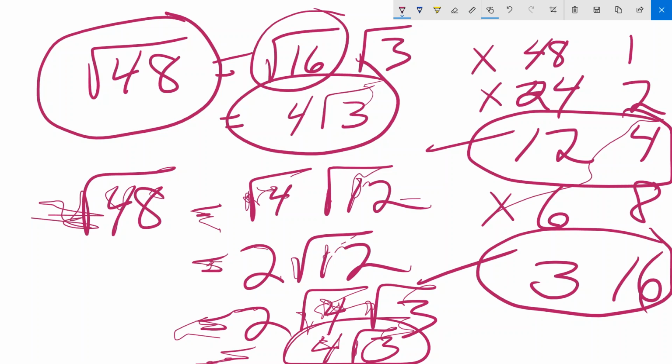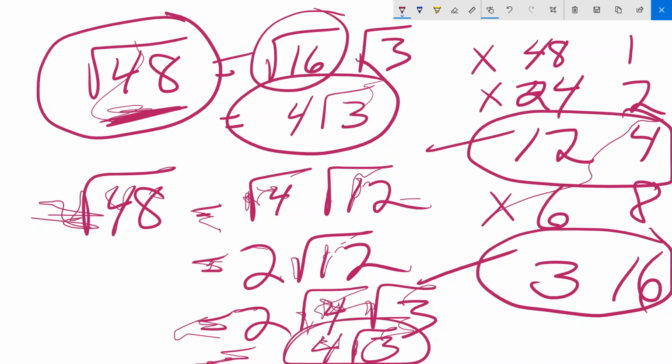How many steps did the first one take? 1. How many steps did the second method take me? 3. The point being that if you're going to try to factor this number 48 to simplify it, you want the largest perfect square number. 16 is larger than 4.